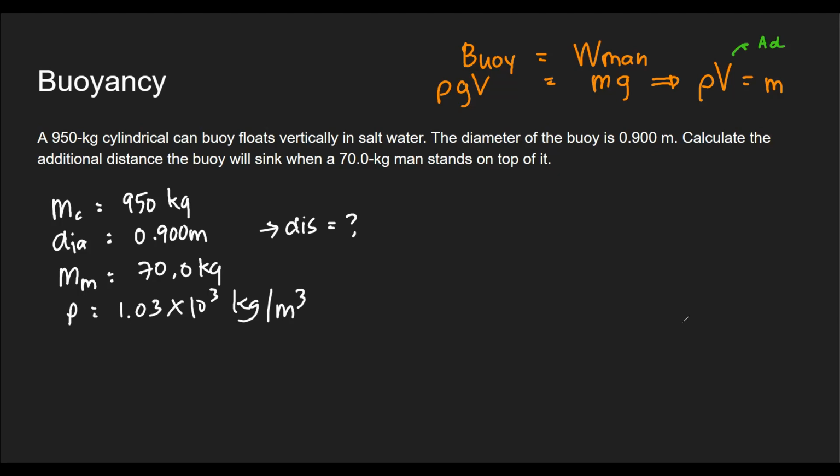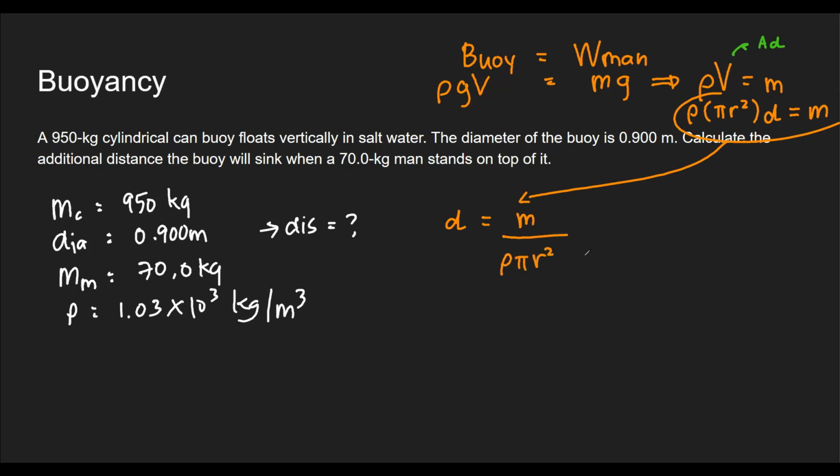Because we have our diameter, it can be in terms of your diameter as well. So in this case, that would just be rho, copying the rho, times pi r squared, that is your A, and my d is being copied, is equal to m. We're looking for d. So d is equal to your m all over your rho, pi r squared.